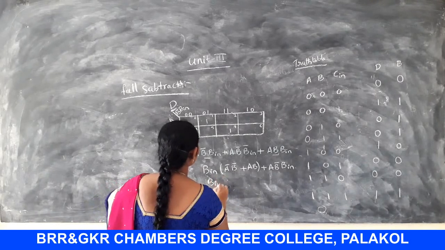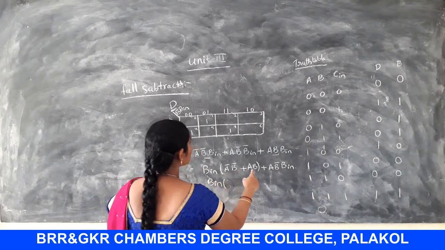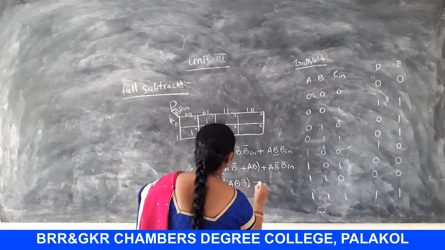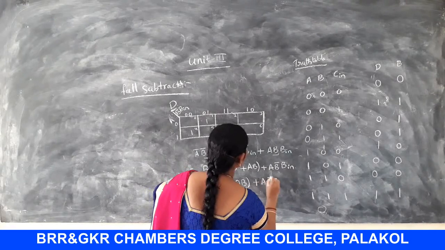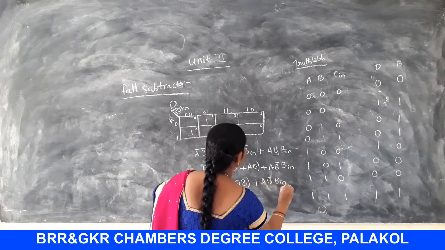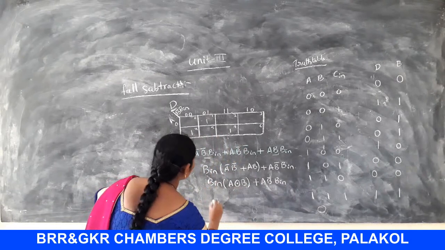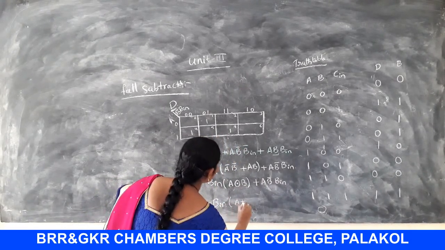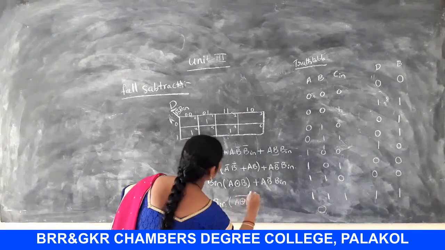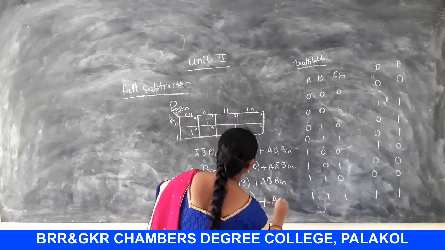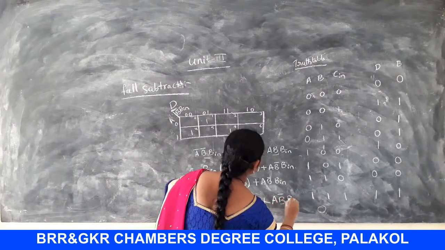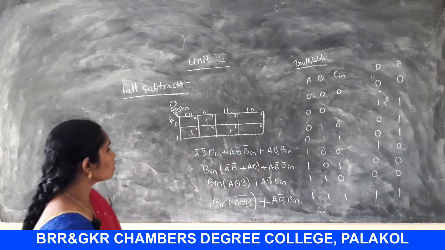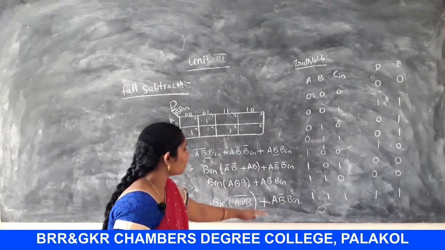B in times A bar B bar plus AB is nothing but A XNOR B. Therefore finally B in times A XOR B whole bar plus A B bar B in bar. So this is the final expression for the difference.